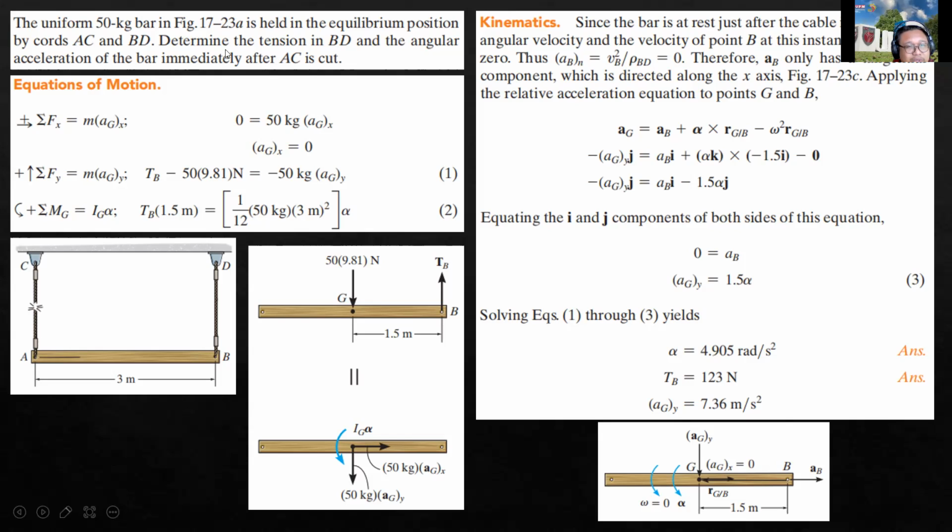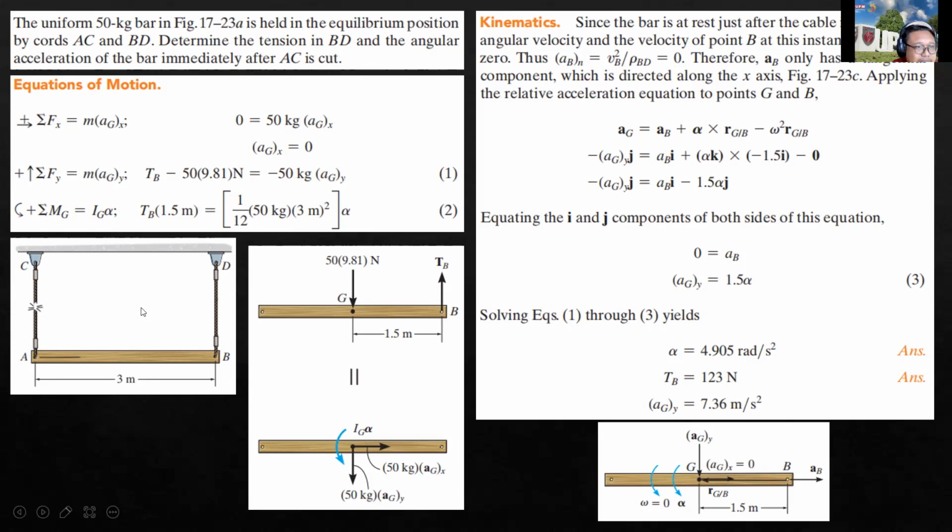We need to determine the tension in BD and the angular acceleration of the bar. Angular acceleration at any point on the bar will be the same, remember? Immediately after AC is cut, you grab a scissor and cut it here. So what happened? That is what we want to analyze here.